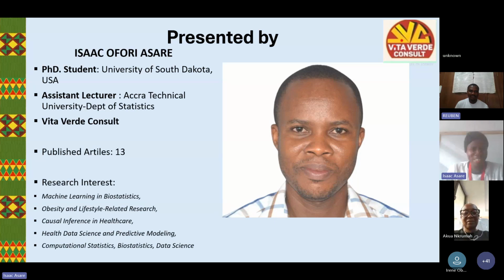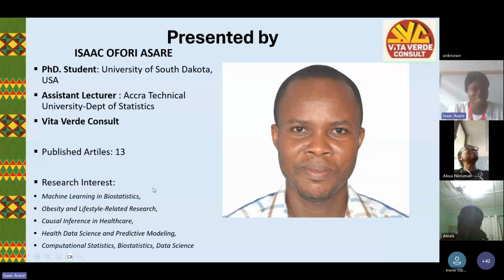My research interest is basically in machine learning and biostatistics, obesity and lifestyle related research, and causal inferences in healthcare data, health data science, and predictive computational statistics, and so on. I currently have 13 research articles published in reputable journals. So that's something brief about me.